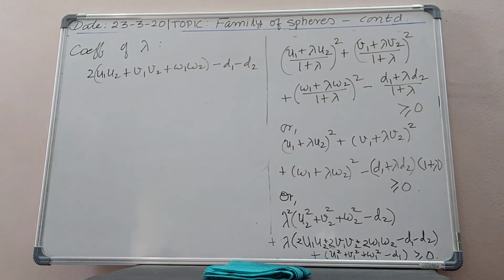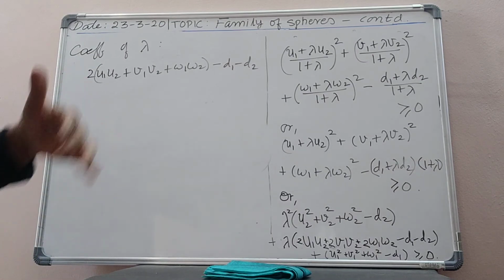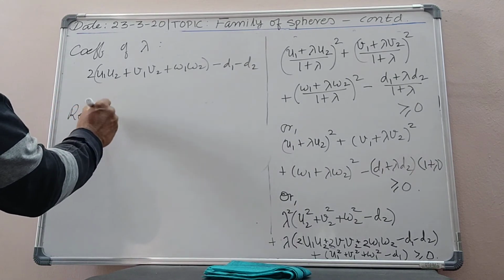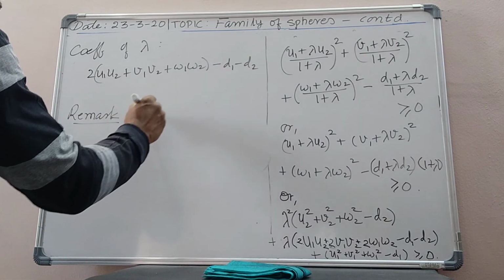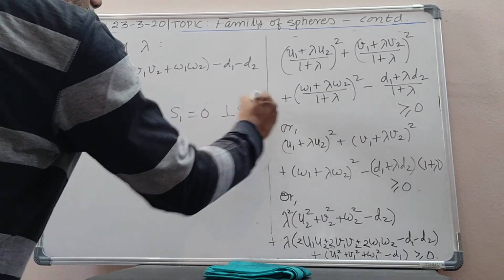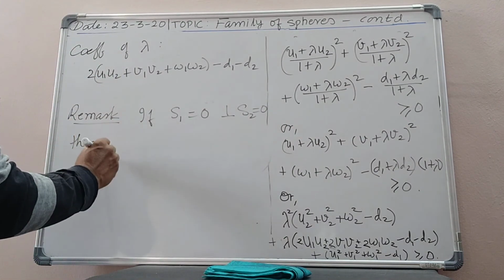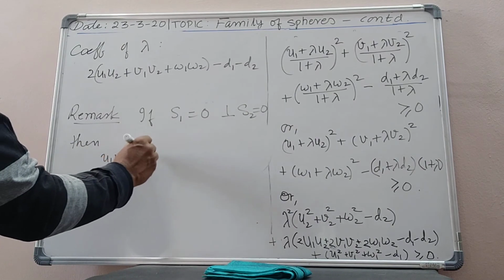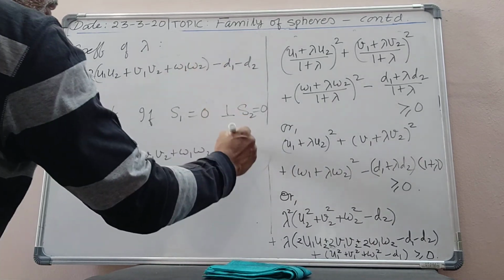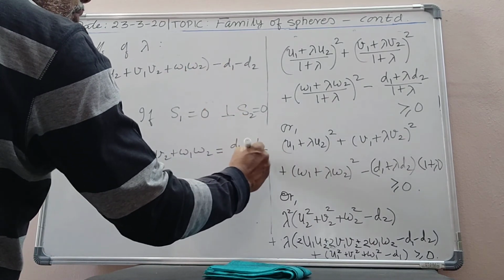In a later video we will see that the condition of orthogonality for two spheres S1 equal to 0 and S2 equal to 0 is precisely this: if S1 equal to 0 is orthogonal to S2 equal to 0, then u1 u2 plus v1 v2 plus w1 w2 will turn out to be d1 plus d2 upon 2.